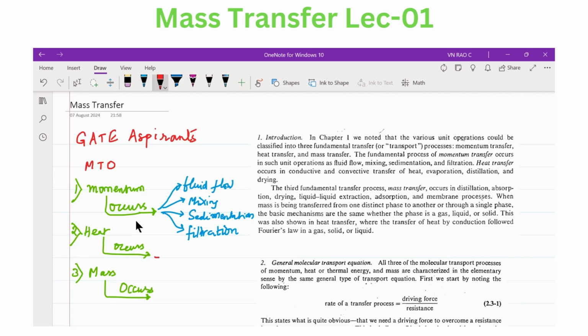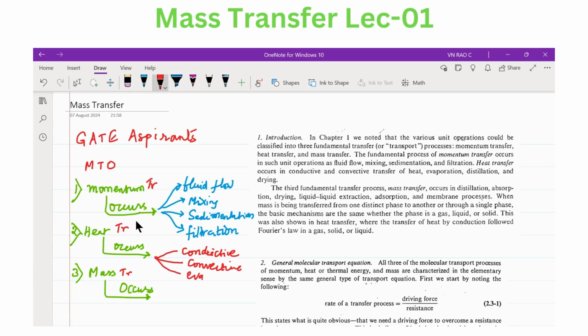Now the heat transfer. Wherever I am writing momentum, I presume you are also uttering along with it: momentum transfer, heat transfer, mass transfer. Now where does heat transfer occur? It occurs in modes of transfer of heat, that is conduction, or I can say conductive because it's an adjective form, and convective. This is conductive, convective transfer of heat.